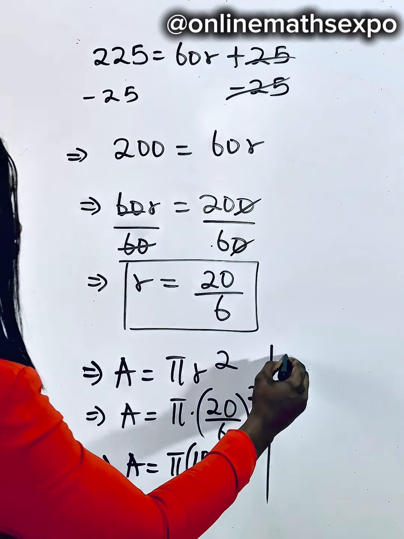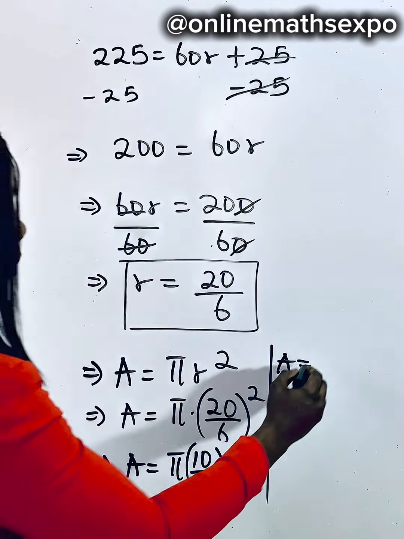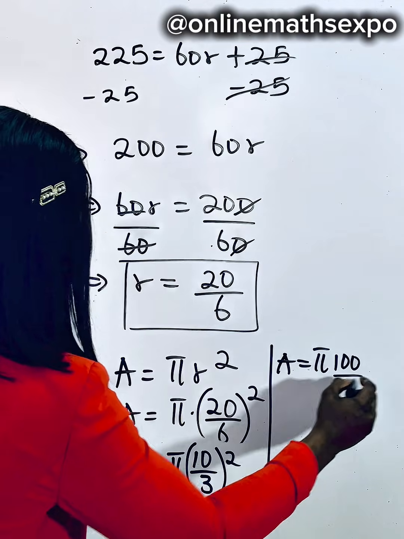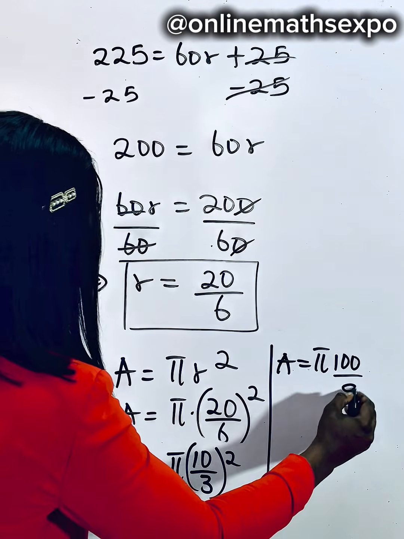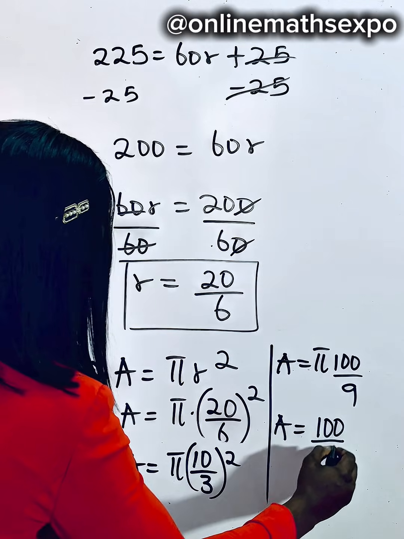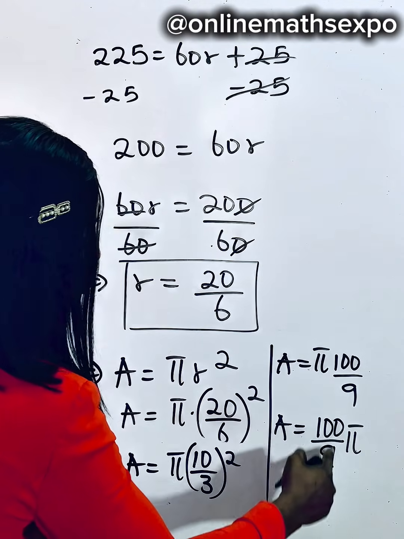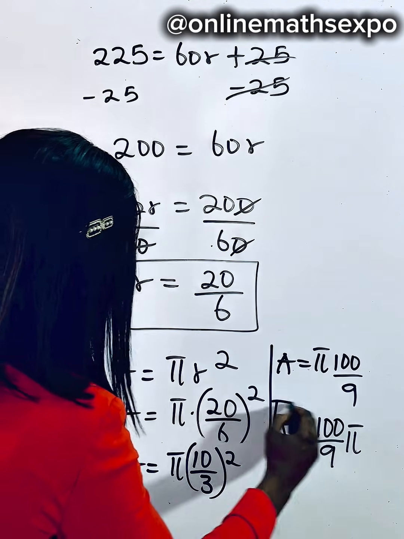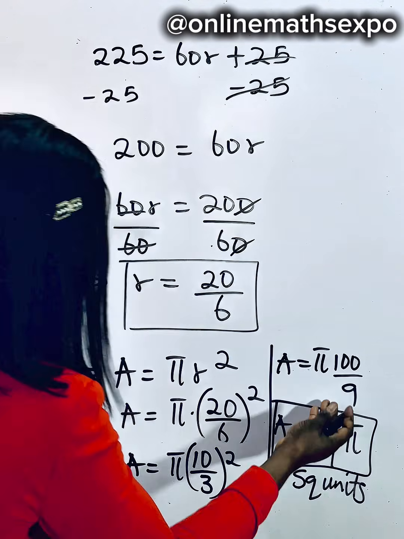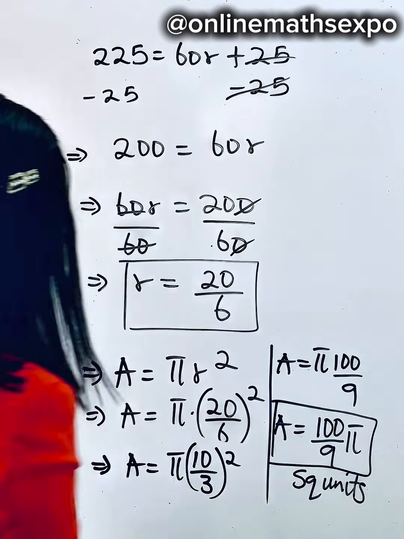And that gives us area is equal to pi times 10 squared, which is 100, divided by 3 squared, which is 9. So we have it that area is 100 pi divided by 9, in square units. So this is the value of our area in terms of pi.